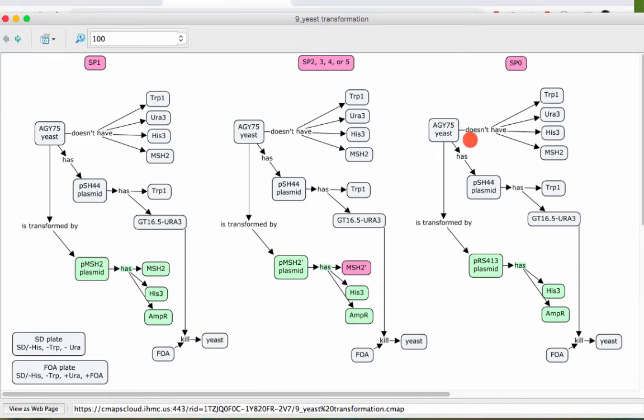And now let's look at SP0. So in this case, the URA3 gene is prone to mutation. So when it's mutated, then this is not going to happen. So we do expect a little bit of growth in SP0. So let's see if this is what we are seeing on the plate.